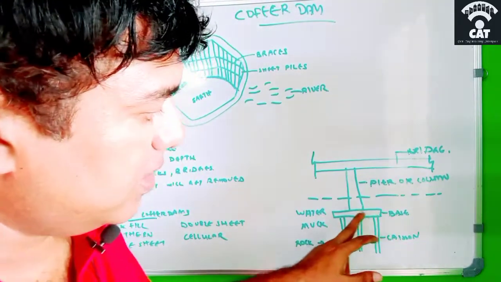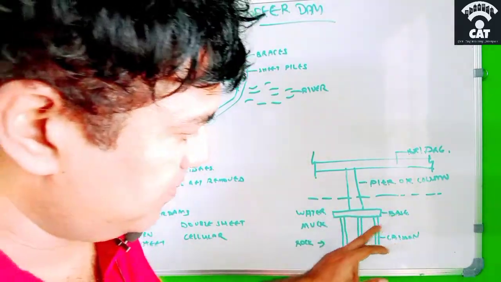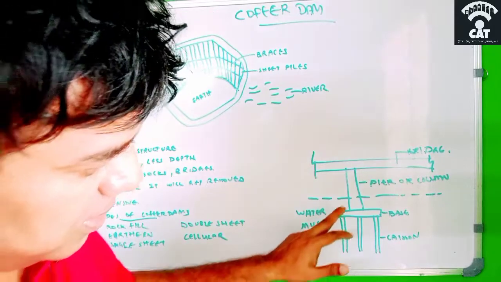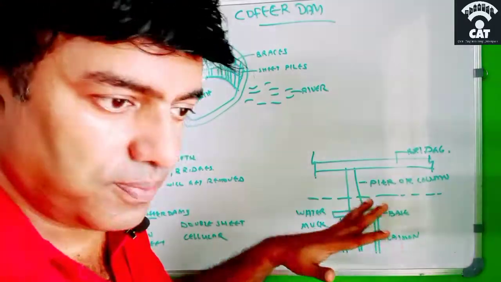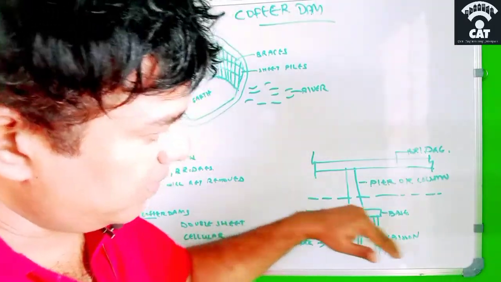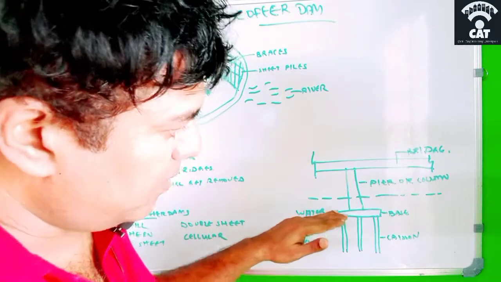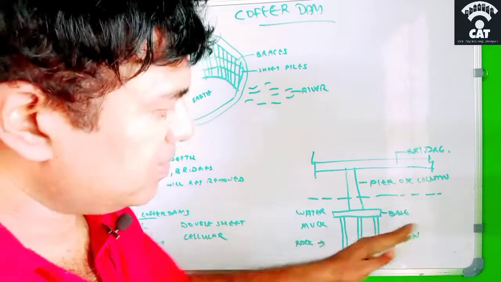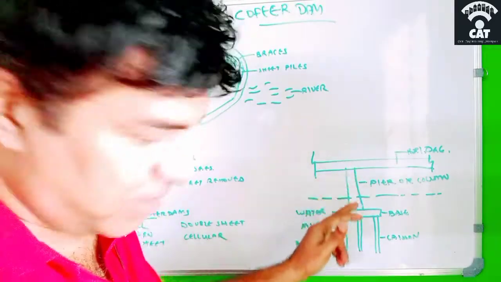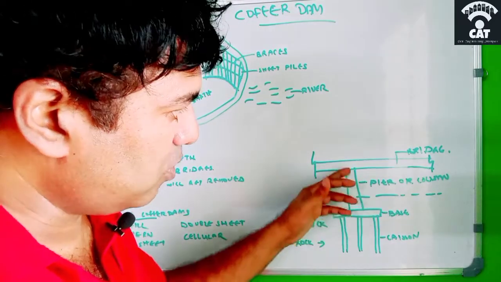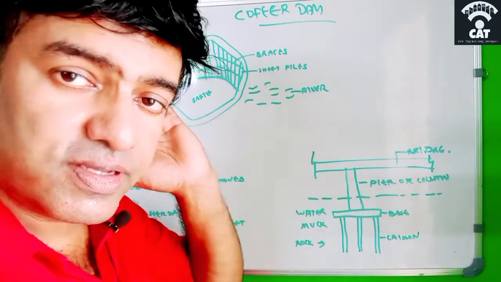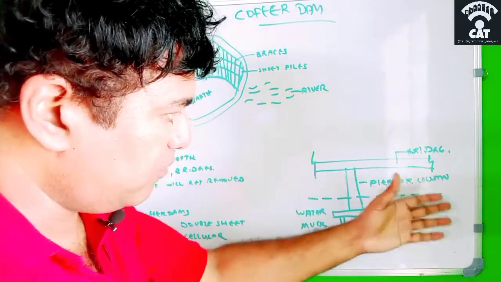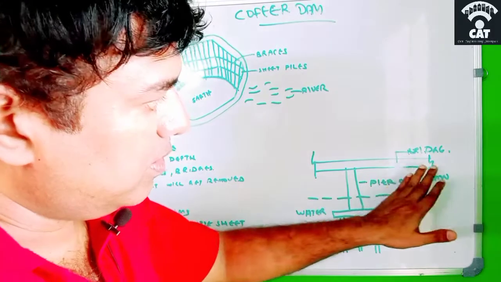Before putting this, they have to make a Cofferdam here. Once they make the caisson up to a certain level, they make a Cofferdam around this platform so that the water will be on the other side, and then they begin the column work of this bridge. Once the column is over, they take away that Cofferdam and let the water come in.